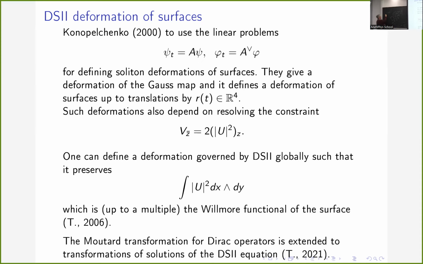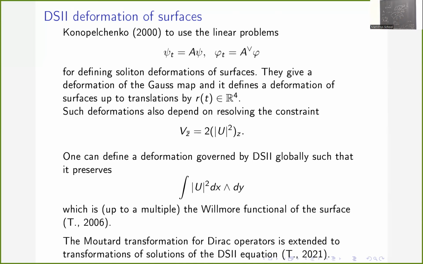And let me have the solution of this Davey-Stewartson equation. Then we can substitute phi and psi in this linear system, construct the solution of these linear problems and get the soliton deformation of this surface. That's it.